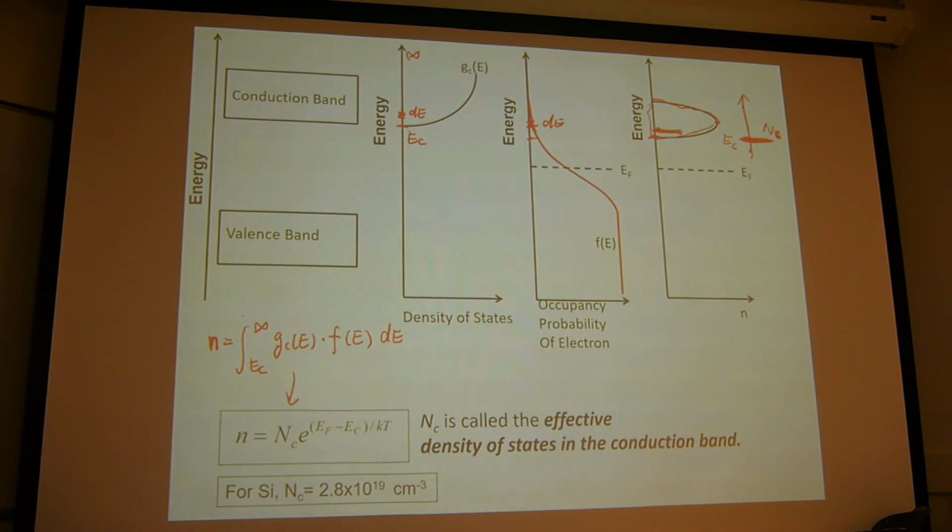So let's squeeze this whole distribution into a single level, and in that level, we assume the number of available states is NC. That's why it's called effective density of states. And this is a constant for silicon. It's 2.8 times 10 to the power 19 per centimeter cube.